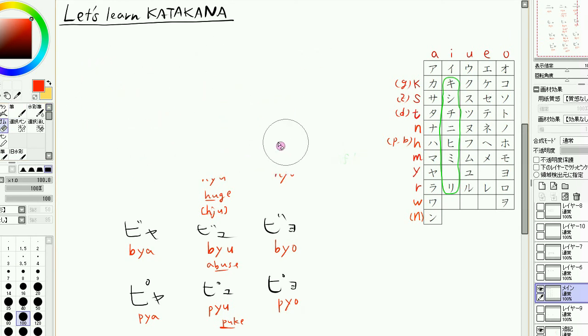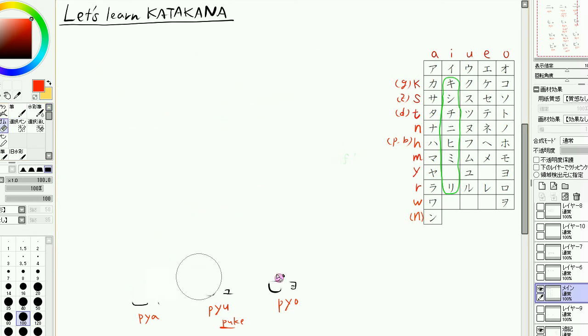Now, I'm sure you're already seeing what they are. So maybe you already know the rest of these. So next one is mi. Okay, mi plus ya, mi plus yu, mi plus yo.